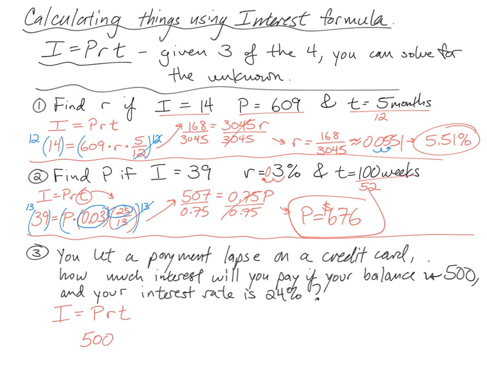We know R is 0.24 when you move that decimal 2 to the left. And I know that the amount of time is 1 month. We would have to divide that by 12 to get the number of years.